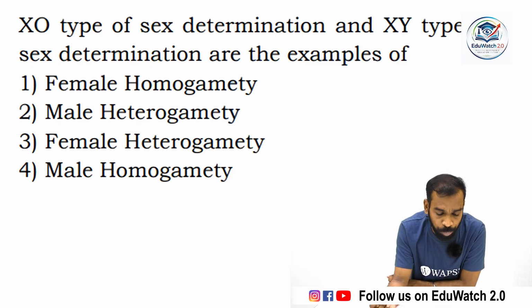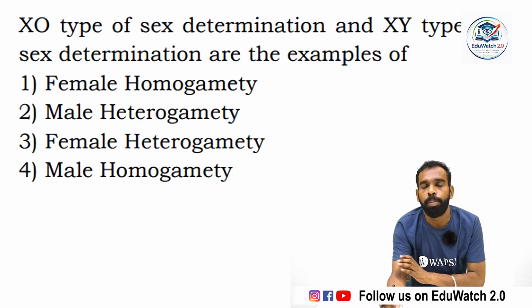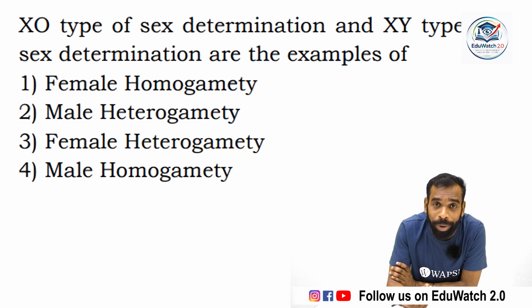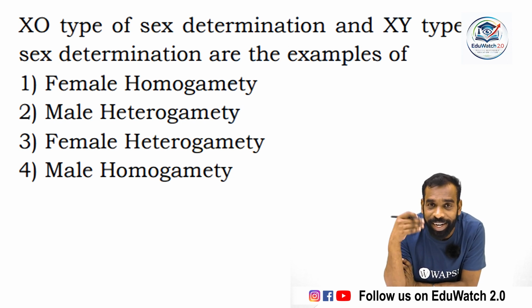Then question number 2, first human-like being. That question is connected with the evolution chapter, plus 2 evolution chapter. First human-like being, that is Homo habilis. So when you are reading that NCERT textbook, their features are clearly given.